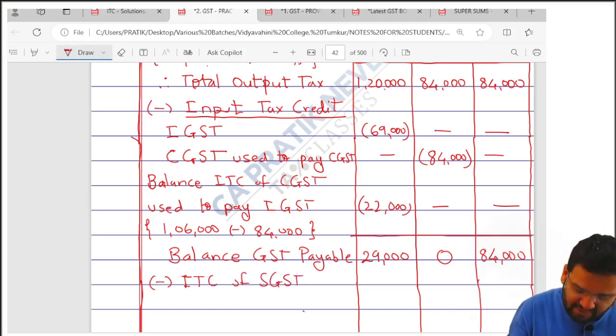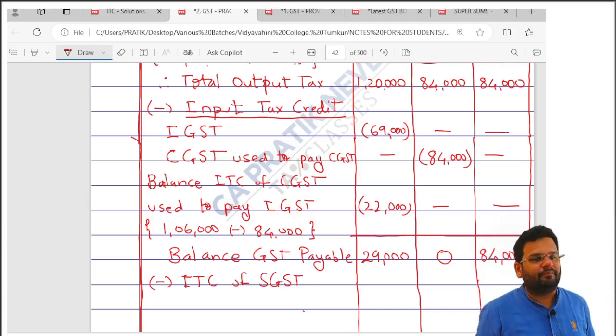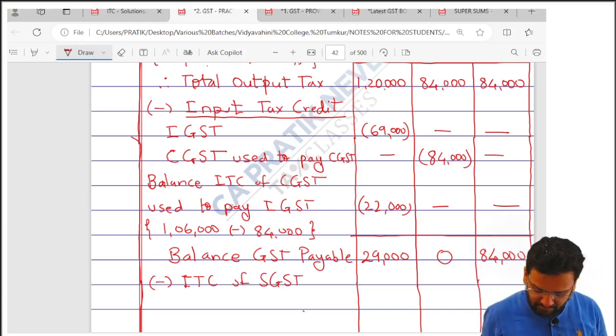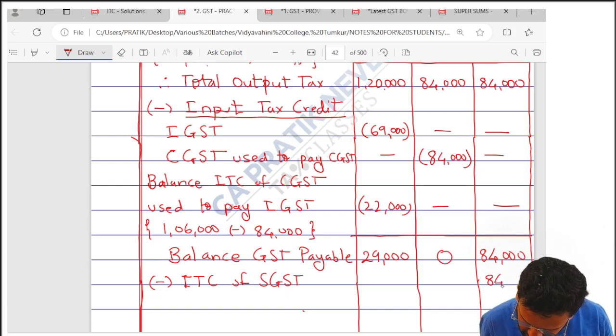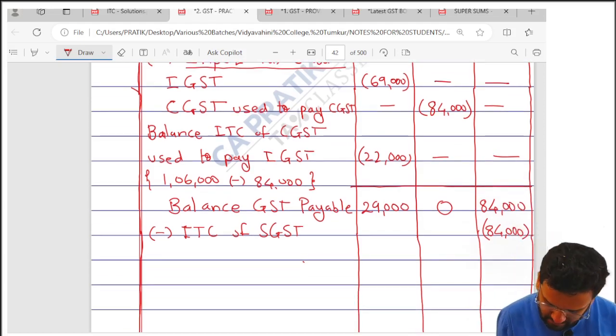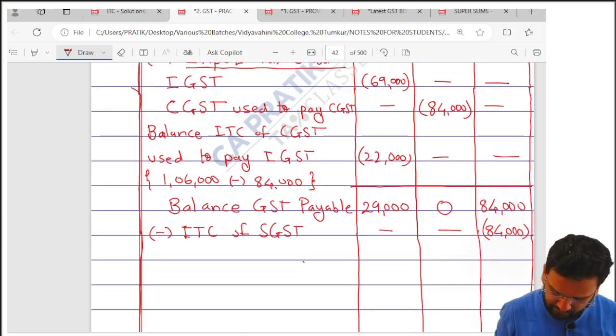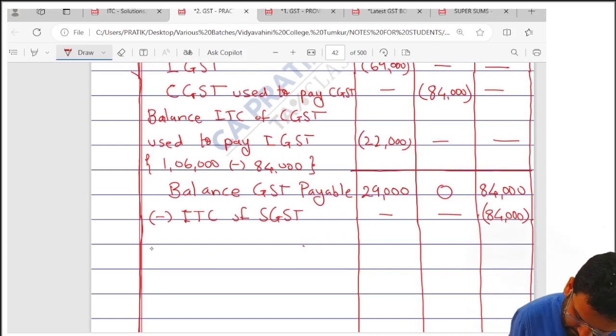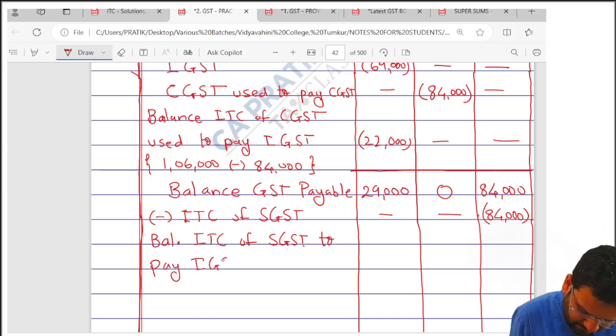What is ITC of SGST? 96,000. Please use 84,000 here. Okay. Balance ITC of SGST to pay what? To pay IGST.